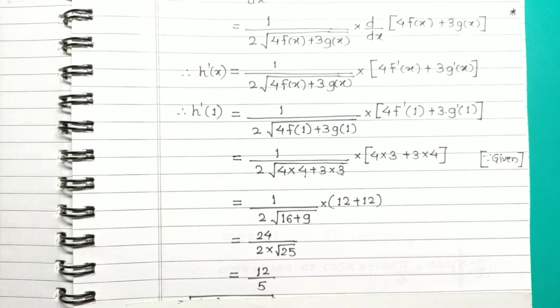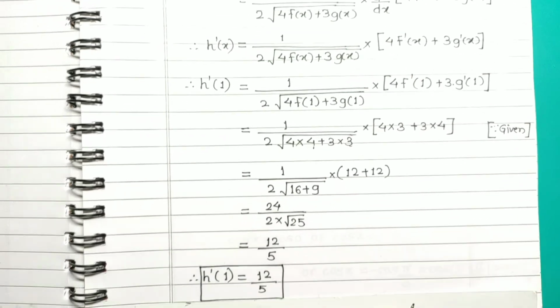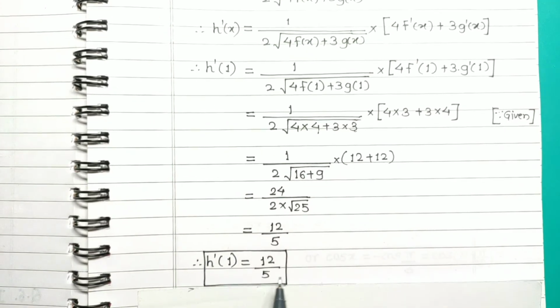So here by reducing these to 12 by 5. Okay, root of 25 is 5 and 24 by 2 is 12. So we have h dash of 1 is equal to 12 by 5. So this is the value of the derivative of function h at x is equal to 1.